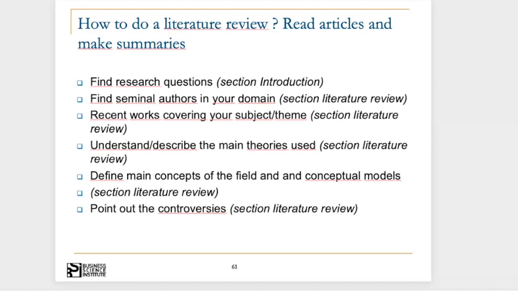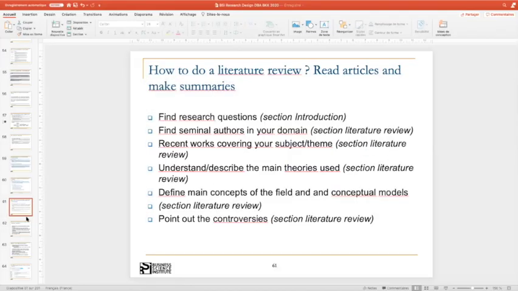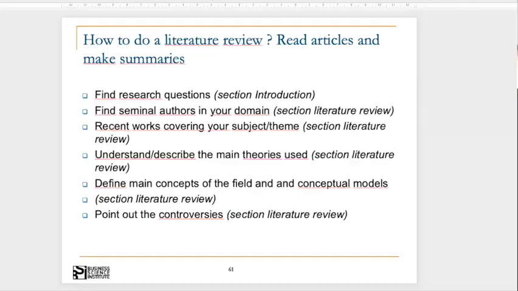Whatever you're working on, you might take an old theory, for example, in customer relationship management. We have a lot of theories, for example, social capital theory and social exchange theories. We have the theory of equity or theory of justice, which is very important for equilibrium in relationships, because all our relationships are based on the justice that we perceive, for example, in terms of procedures and in terms of the benefits we get, without going too much into detail.